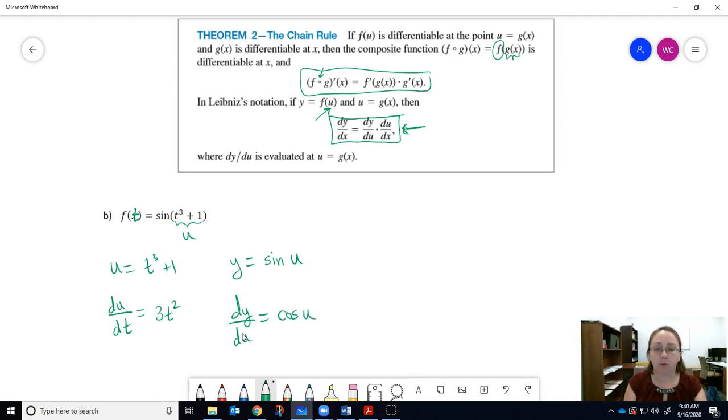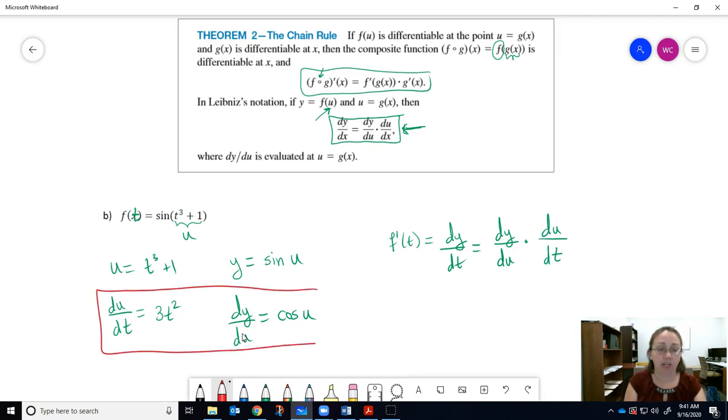And then the chain rule says the derivative of this function, in this case dy dt, is going to be dy with respect to its new variable times that same variable with respect to its variable inside, which is t. So according to chain rule, we just have to multiply these two together, the derivative of what's inside times the derivative of what's outside, and we'll get our answer.